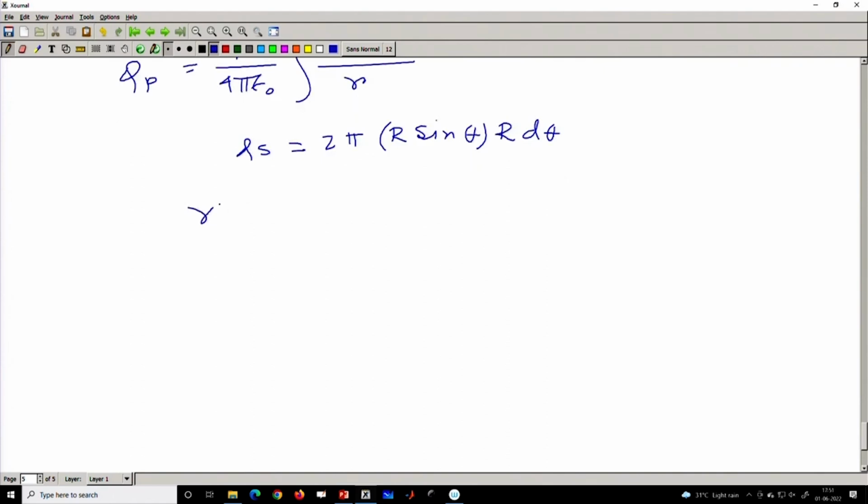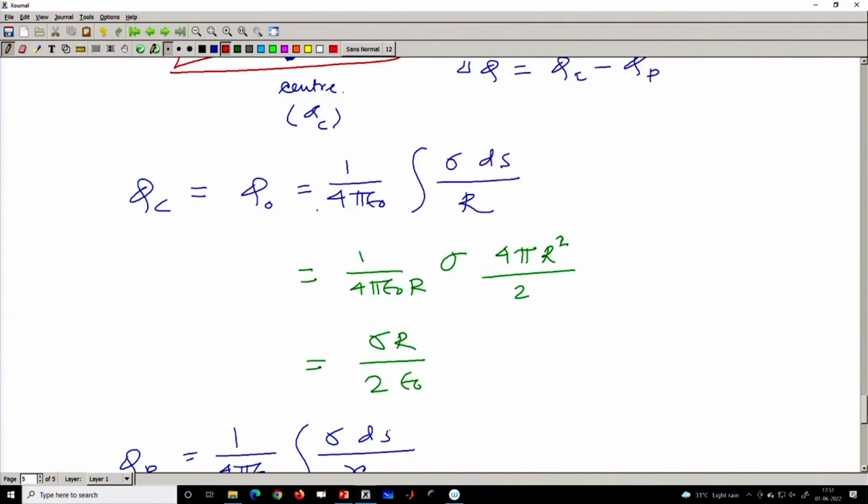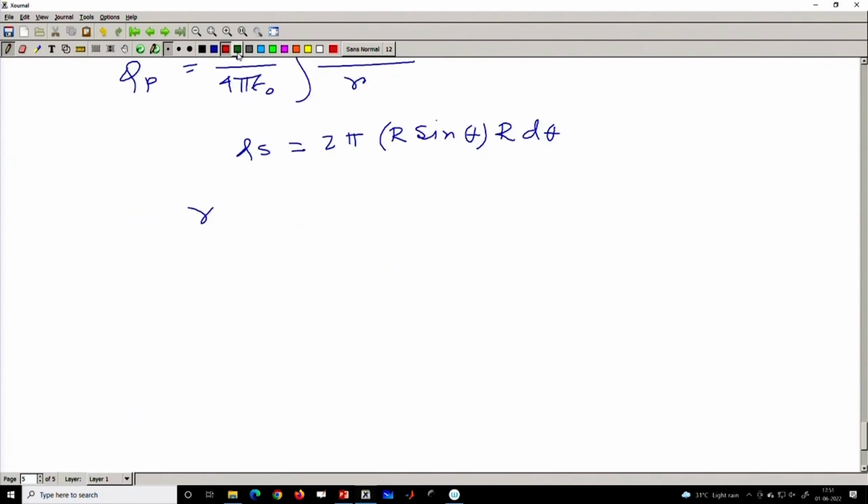What is small r? So, there is a relation. If I calculate small r, this is r and this is also r, from here to here this is also r, and the angle between these two is theta. Then I can simply have my r square as 2 r square minus 2 r square cos theta.